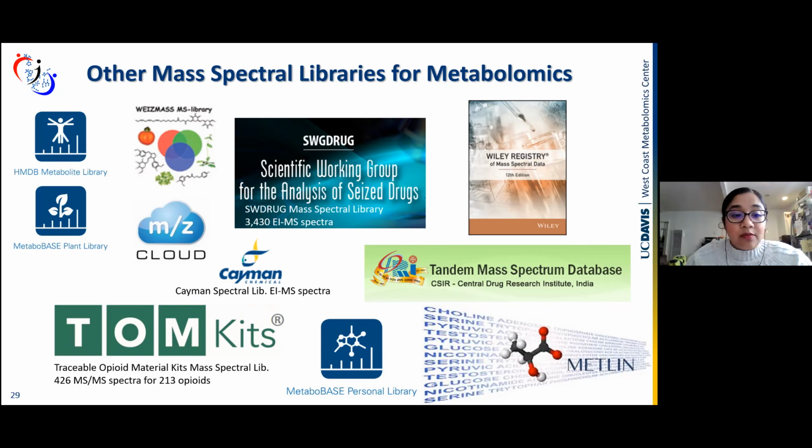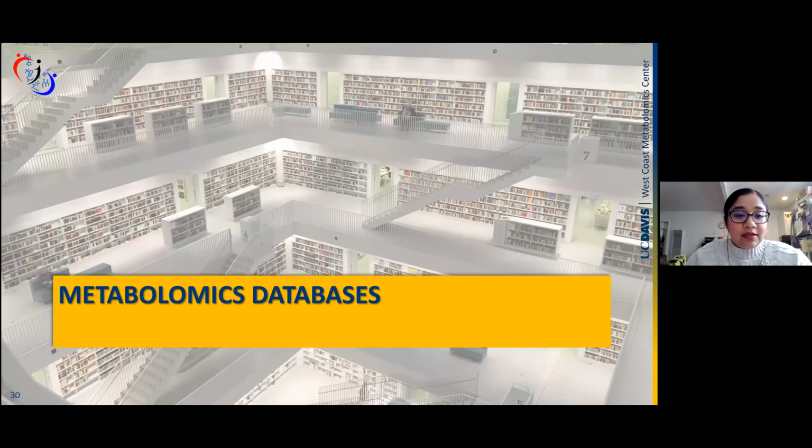And Cayman Chemicals also makes an EI-MS spectra library, which was something new to me that I learned. But most of these libraries are downloadable and free, with the exception of a few that are not. Okay, so moving forward to databases.